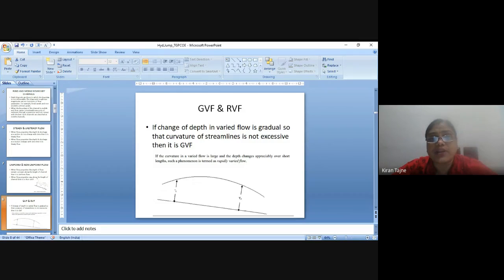And if the curvature in a varied flow is large, here y1 and y2 are different, and the depth changes abruptly over a short length, then such flow is known as rapidly varied flow.